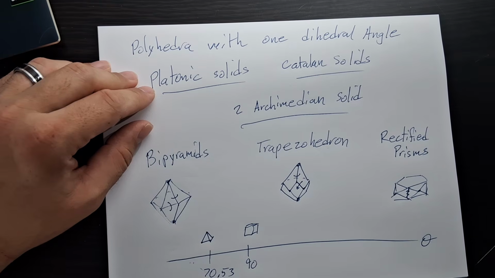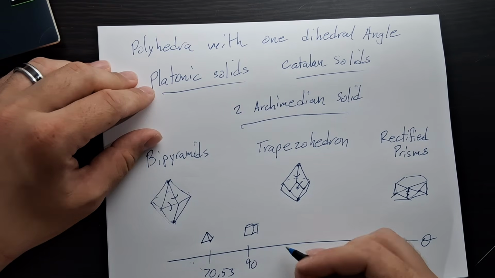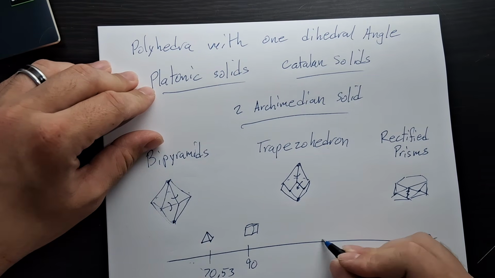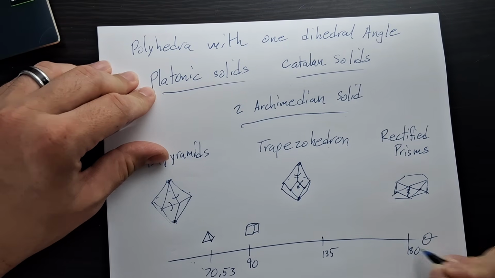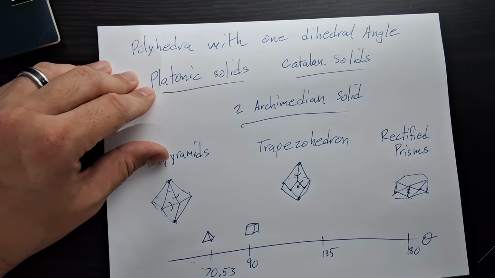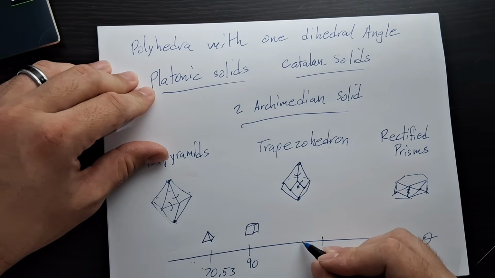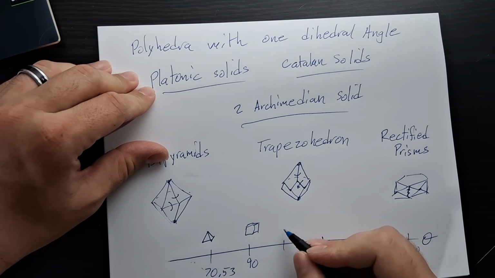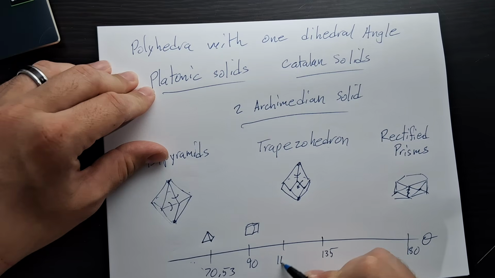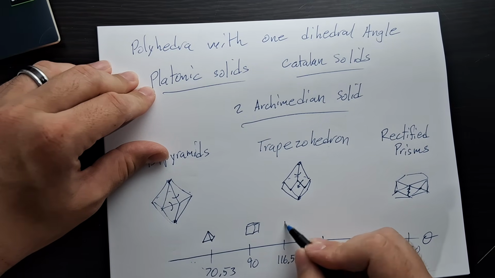And then we have the dodecahedron, 116. Let's put 135 here, and let's put 180 there. 135, so 116, I don't know, I'm just going to throw it down. We have the dodecahedron.